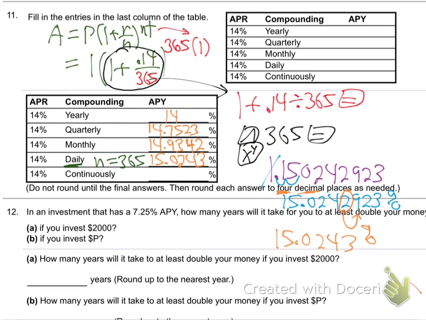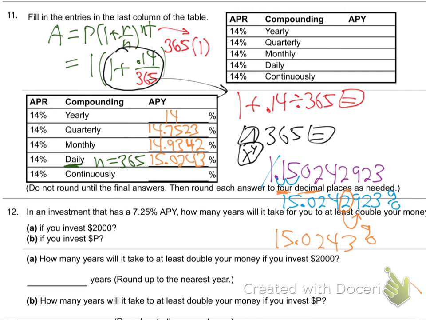See how they've been getting higher and higher? In other words, the more frequently you compound the money, the higher the actual effect. Doing 14% daily is the same as if they just gave you 15% once a year. That's the real effect. That's what will really happen on your money.